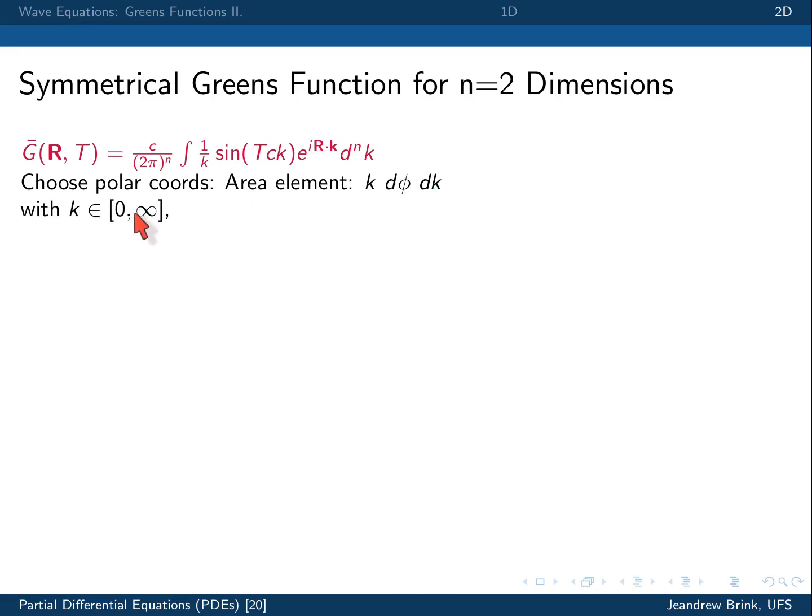And k is basically a radial-like coordinate in k space, and it goes from 0 to infinity because we're going to integrate over the whole 2-dimensional plane in k space.